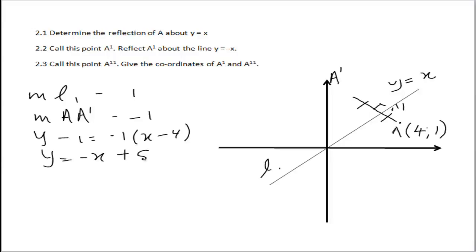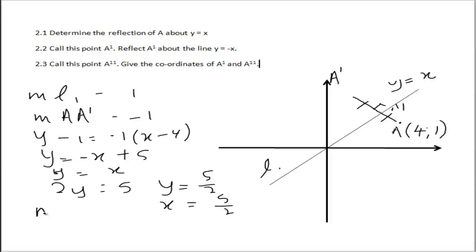Now we've got that, and we've got y is equal to x. Solving these two equations simultaneously to get M, if we add these two, we'll get 2y is equal to 5, y is equal to 5 over 2. And since y is equal to x, x is also 5 over 2. So the coordinates of M are 5 over 2 and 5 over 2.